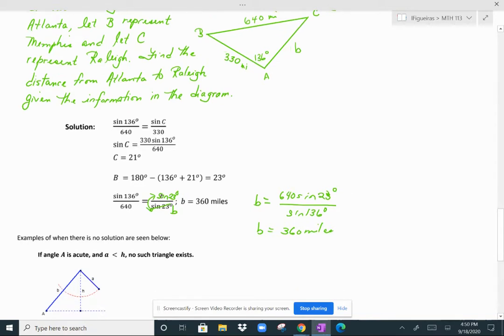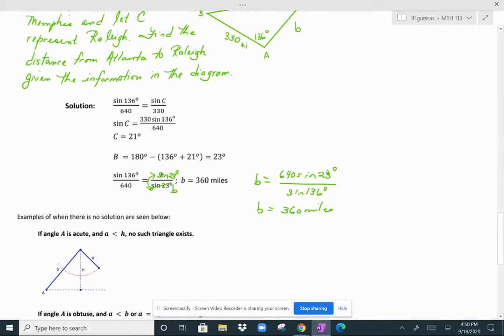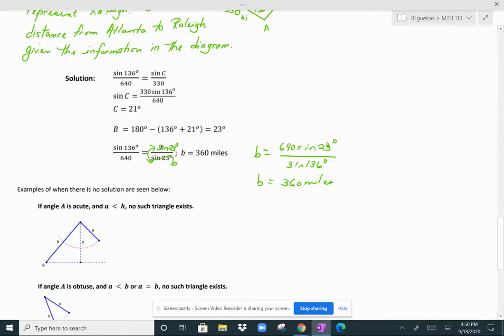Okay, so examples of when there's no solution, and this is why it's called the ambiguous case. If angle A is acute and the side A is less than the height, then no such angle exists. So you can see if you're given information like this, side A, side B, and angle A is acute, there is actually no way this could form a complete triangle with that height.